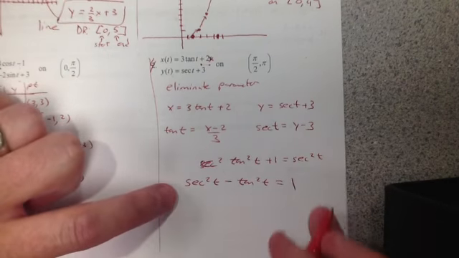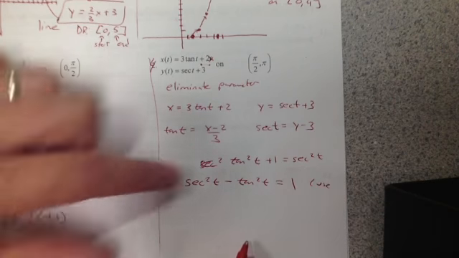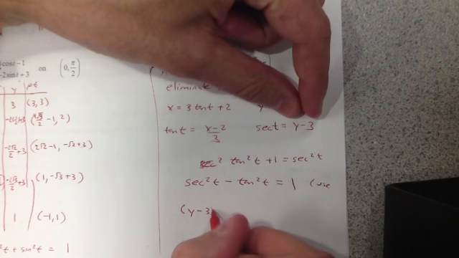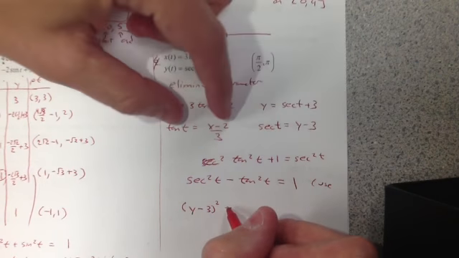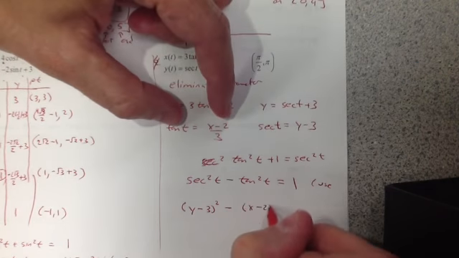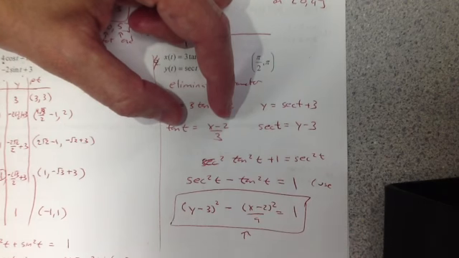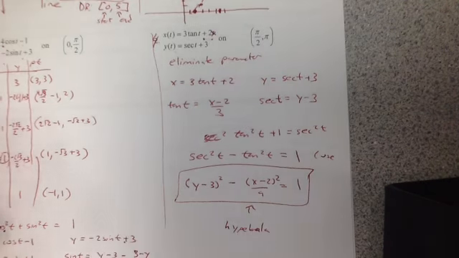And this is the one I'm going to use. Plug it in. It says take my secant and square it. So I take this (y minus 3) squared, minus my tangent squared, (x minus 2) squared over 9, equals 1. And now the question is, what shape is that? Very good. It's a hyperbola. Now, we haven't had to do part 3 in a while, so go on to part 3 and we'll do the last part, okay? Thank you.